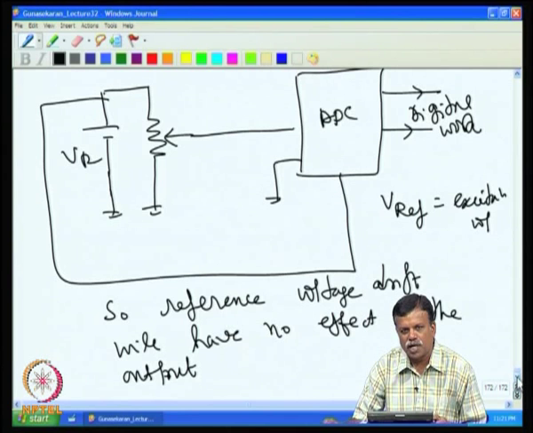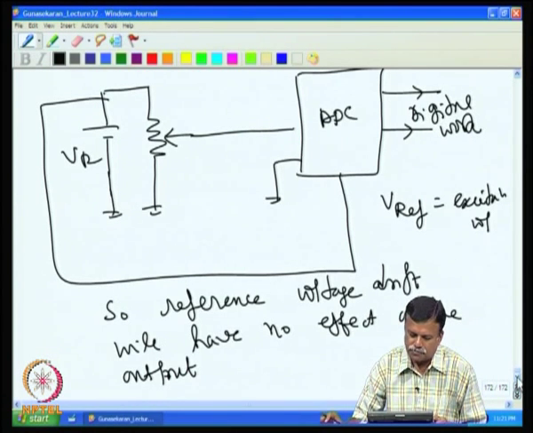It is not possible all the time to go for ratiometric conversion, but wherever possible, one can go for it to avoid the error due to the reference voltage drift.